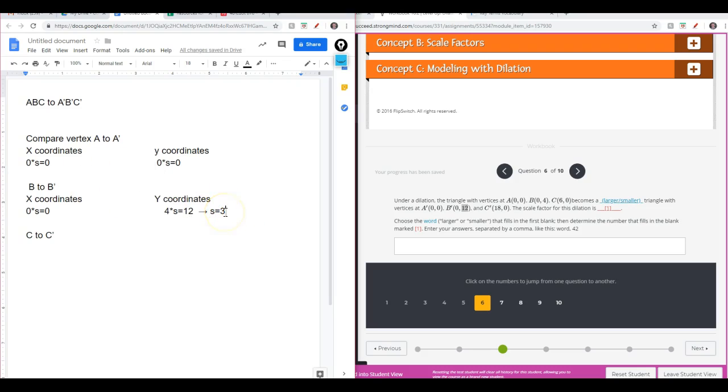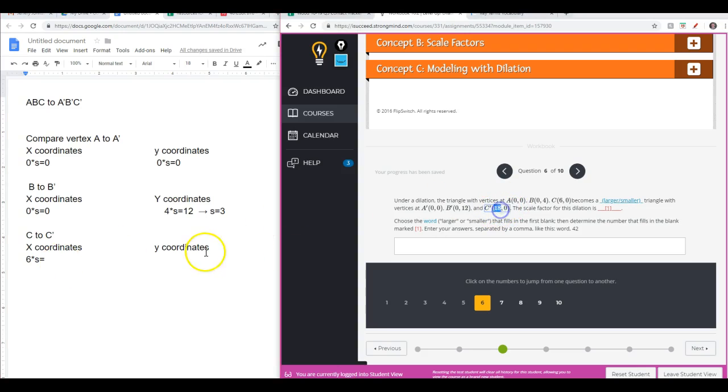Now, this is okay because 0 times 3 gives us 0, and that can work. So the next thing we've got to check is C to C prime and see if we have any numbers besides 0 to work with. The X coordinate for C is 6 times our S, our scale factor, has to equal 18.